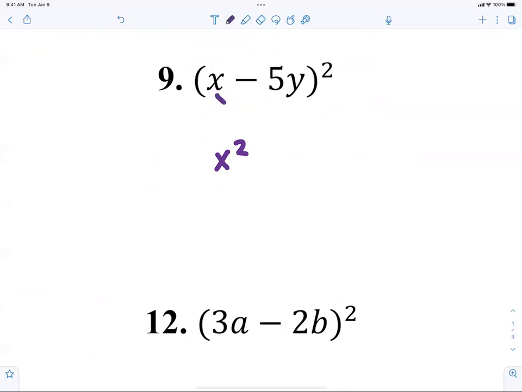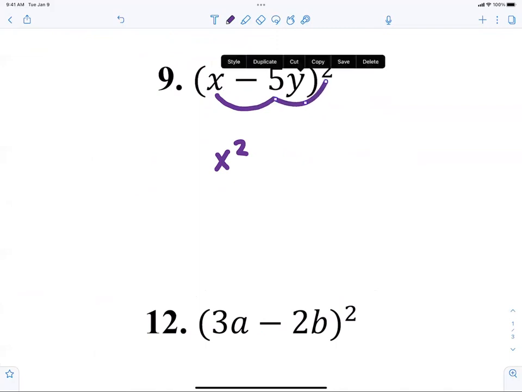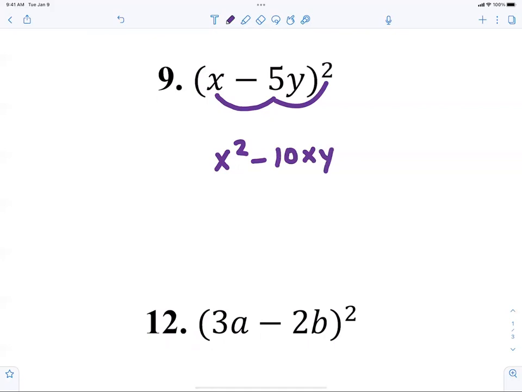What's 5xy, and then times 2? Yes. So what's 5 times 2? 10. So it would be negative, good, negative 10xy. And then you have to square the negative 5y. So then it's negative 25, positive 25. That's correct.